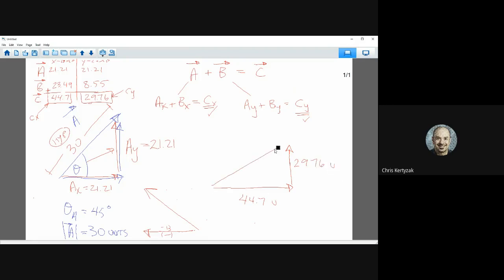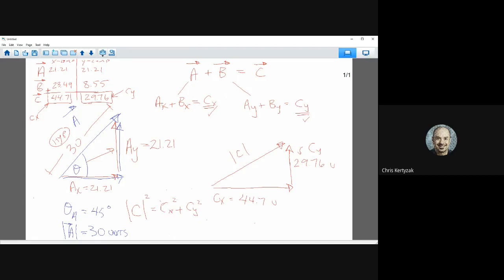So now, and again, this is Cy, and this one is Cx. Now we're interested in how long vector C is, the magnitude of vector C. So we'll be using the Pythagorean theorem to indicate that the magnitude of vector C, the hypotenuse length squared, is equal to the x component of vector C squared plus the y component of vector C squared added together, right?